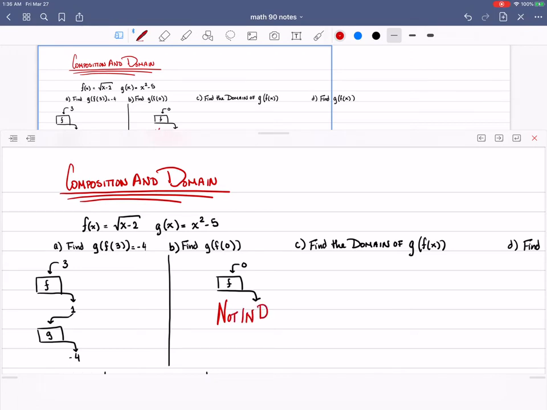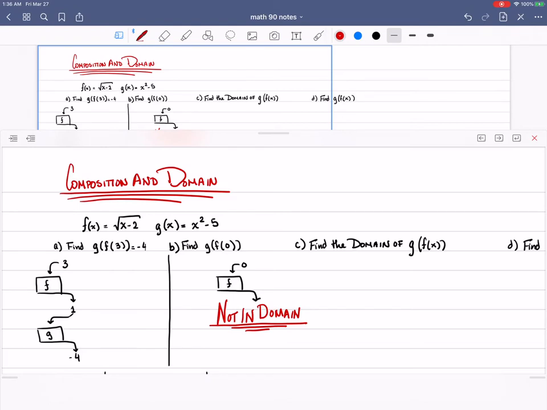It's almost like those red lights that flash in factories when there's an emergency. 0 is not in the domain of f. So 0 is never even going to make it out of f, let alone get to g. 0 gets rejected by f and this whole composition stops.